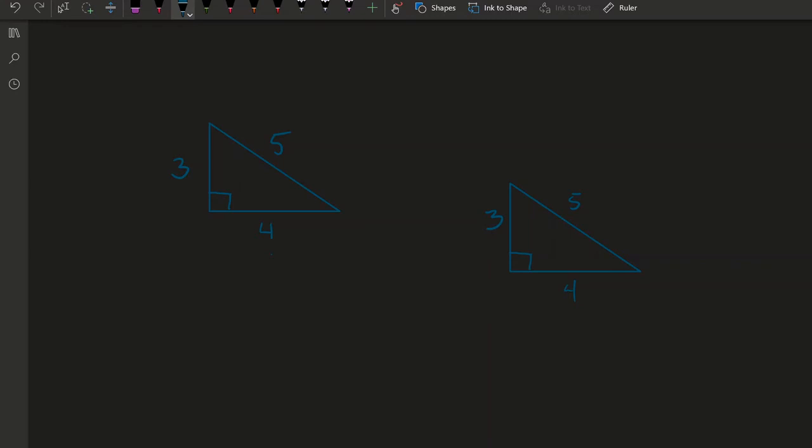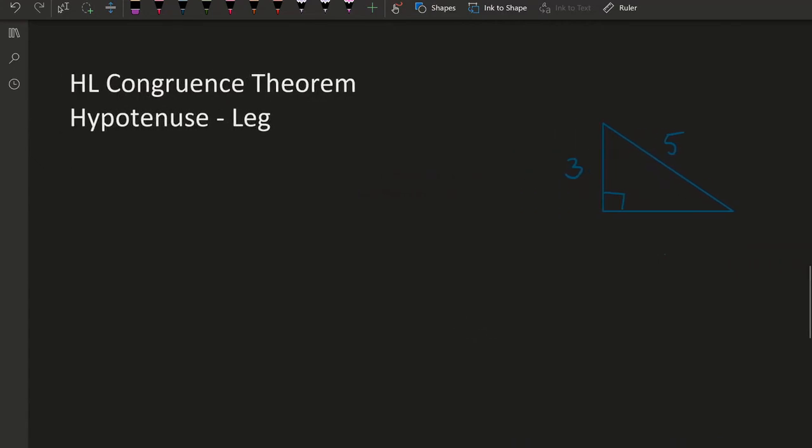So therefore, these two triangles are congruent by side, side, side. So if I can get to the point where I know that it's a right triangle, the hypotenuses are congruent, and one of the corresponding leg sets is congruent, then side, side, side is implied, so these two triangles must be congruent.